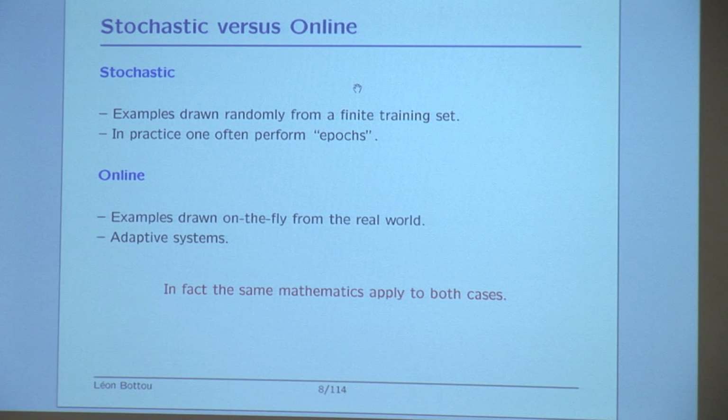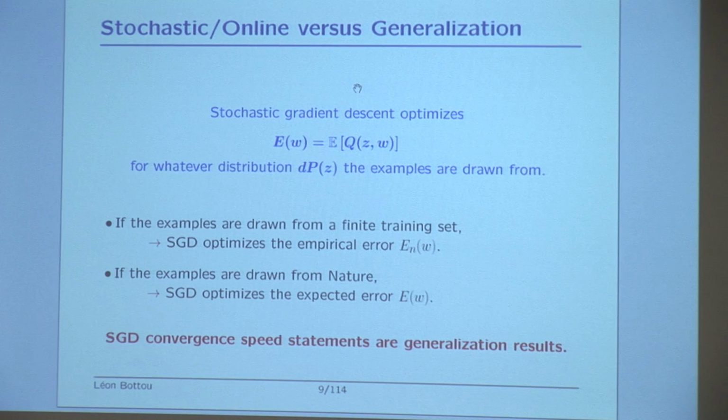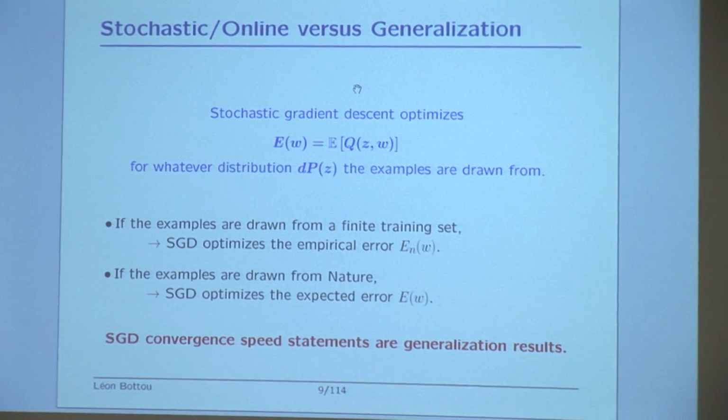And you have the online variant, which is appropriate if you deploy a system in the real world and you get examples from the real world. And instead of drawing the examples at each iteration from a training set, you draw them from reality. And the same mathematics are going to apply, which can be a bit surprising because overall, the stochastic gradient is going to optimize something that's going to be the mean of whatever loss you take.